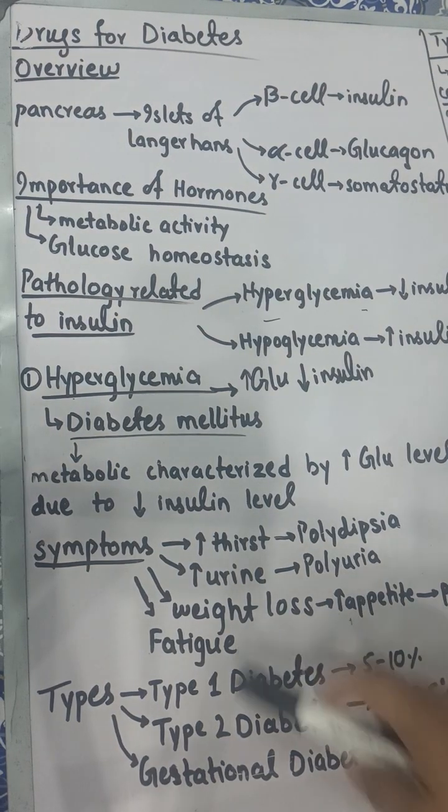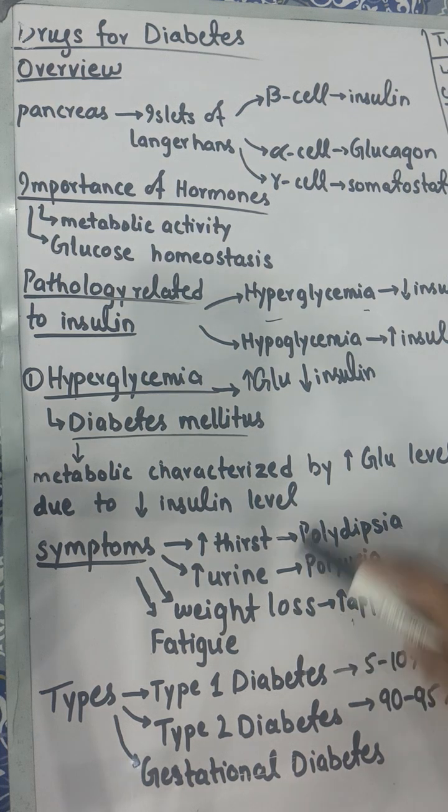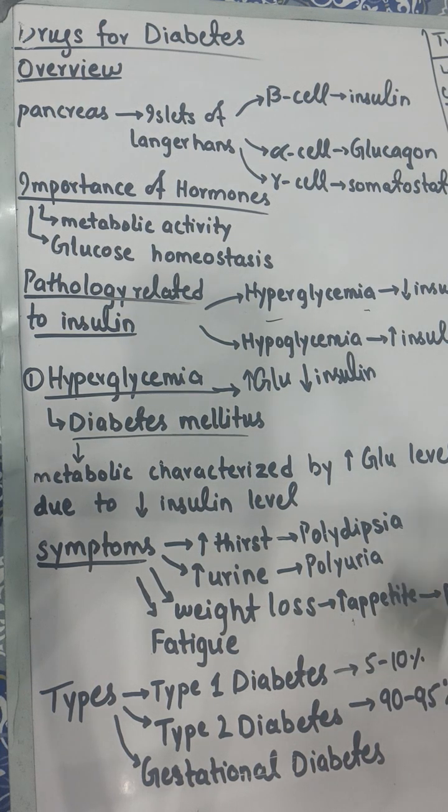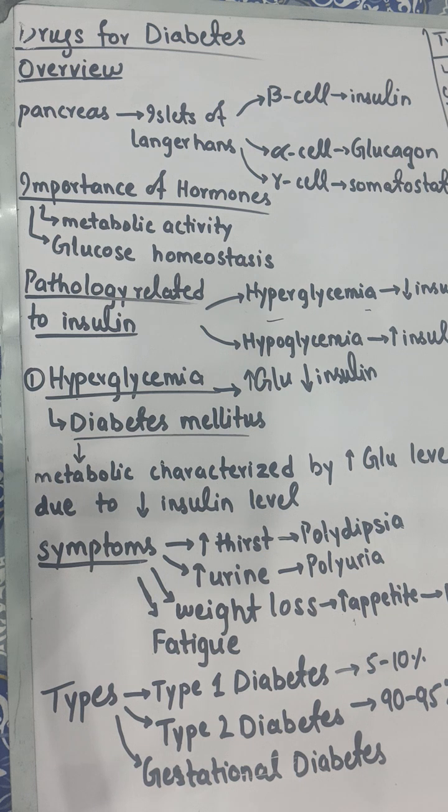And you will feel fatigue. Now you will ask the question: why does weight loss happen when the glucose level is high? Whenever the glucose level increases, the body weight should also increase. But the answer is that although the glucose level is high, due to very low levels of insulin, your body cells cannot consume glucose.